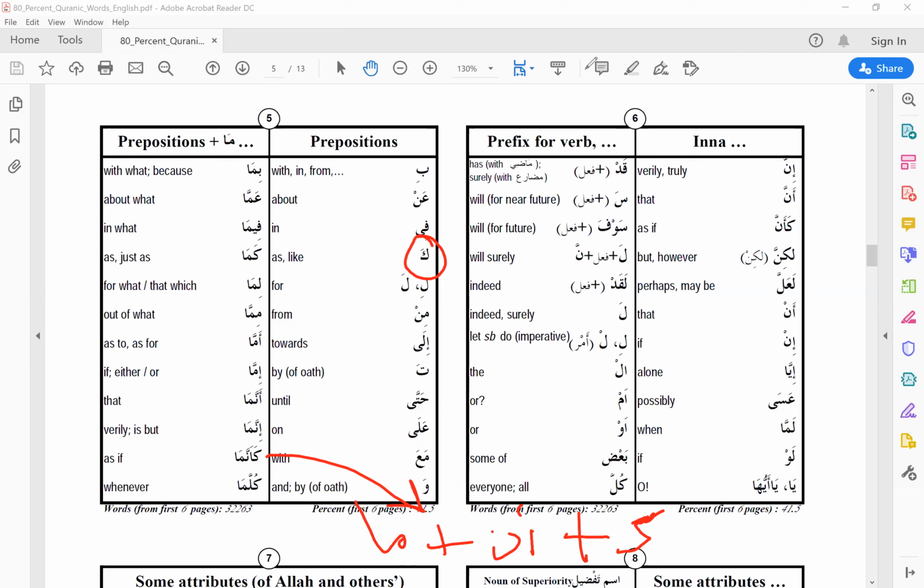So the ka would mean as. Here's the as. Anna would mean, we said it meant that. So as that, and also ma would mean what. So as if, in the end, ka'annama.